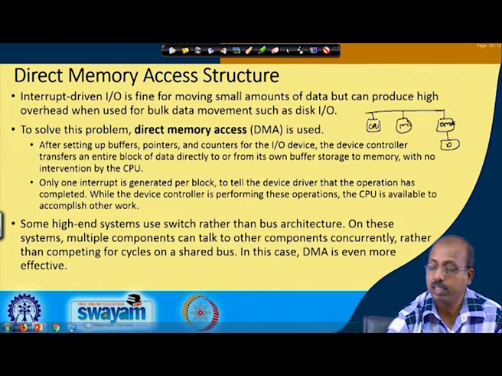Now, when this DMA controller is doing the transfer of data from disk to memory, it is also using this bus, and during that time if the CPU is executing some program and it needs to access the content of the memory, it becomes difficult.